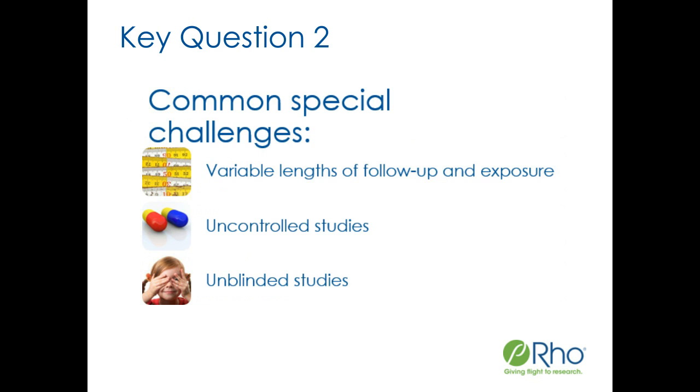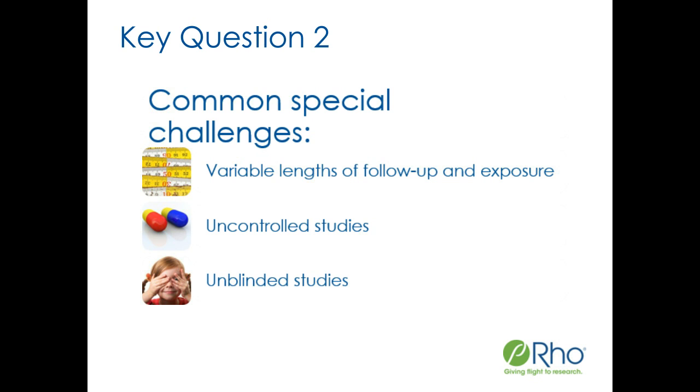You also, when looking at the parameters to use and how to characterize them, need to consider some special challenges that can pop up across your program. These are things like the variable lengths of follow-up and exposure across the different drug trials. There might be some studies that are uncontrolled while the others are controlled and have a placebo arm.